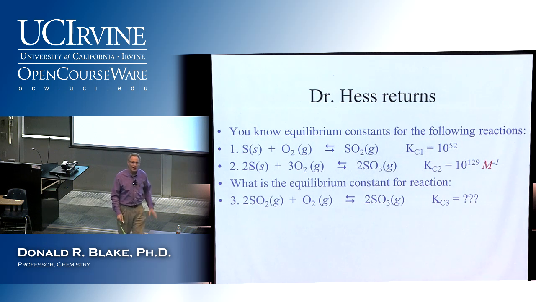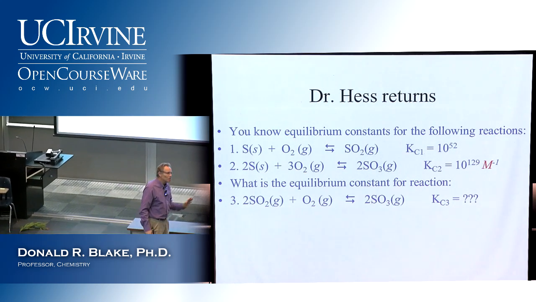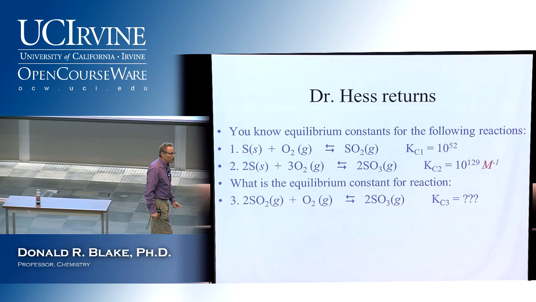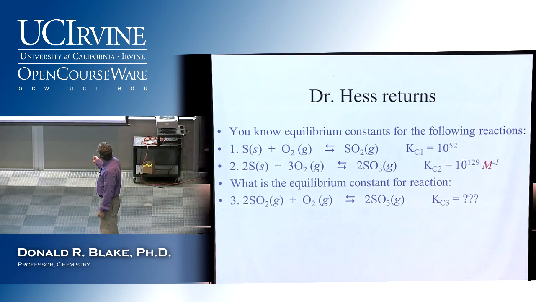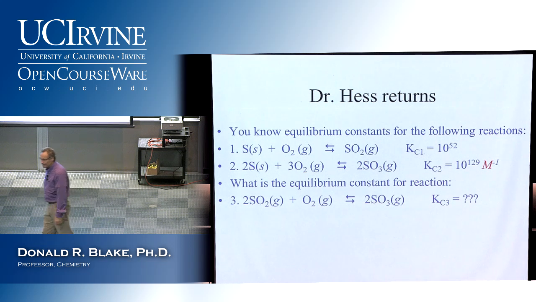Now, folks, I want everybody to just look at me for a second. I got some good and some bad news for you. Most of you do not have a calculator that can handle a number as big as that. Try right now on your calculator to enter 10 to the 129.